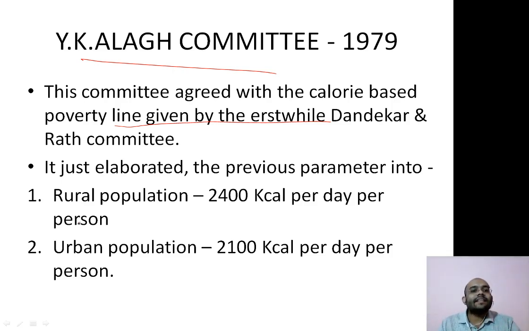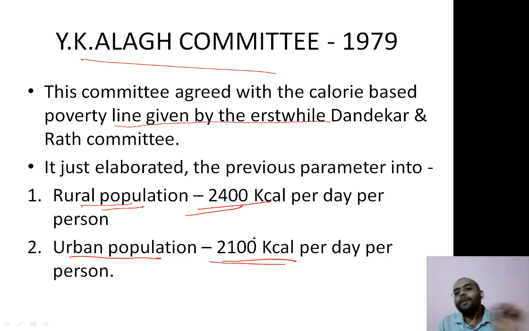So it said that calorie intake and food is the minimum basic requirement, but we will segregate this into rural and urban. In the rural case, you will require 2400 kilocalorie per day per person, and in the case of the urban population, you will get 2100 kilocalorie per day per person.